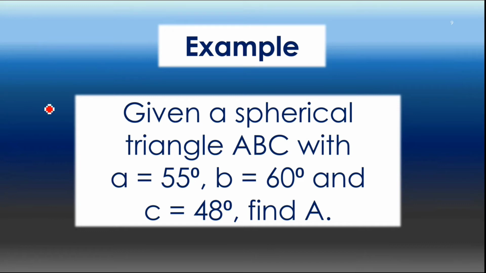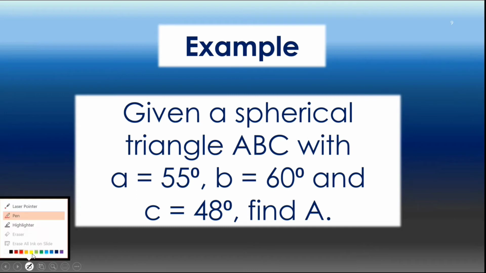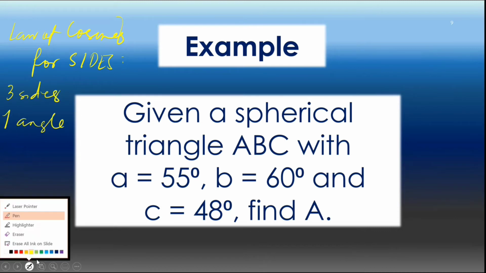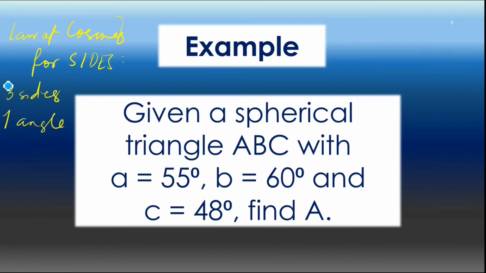Again, we're going to use the law of cosines for sides, if we do have three sides in the problem and then one angle. So when we say three sides and one angle, we can have three given, then one unknown.